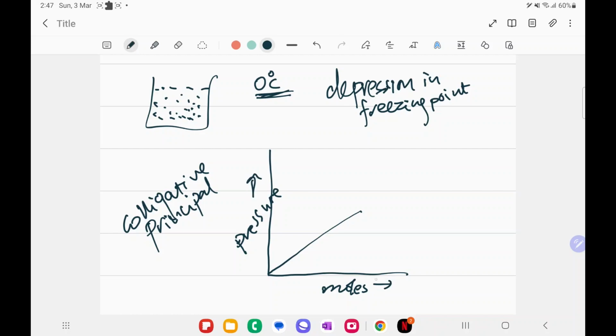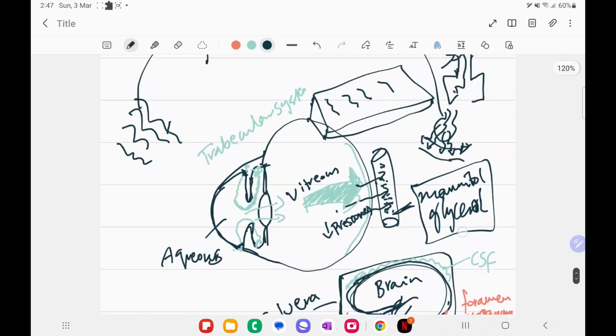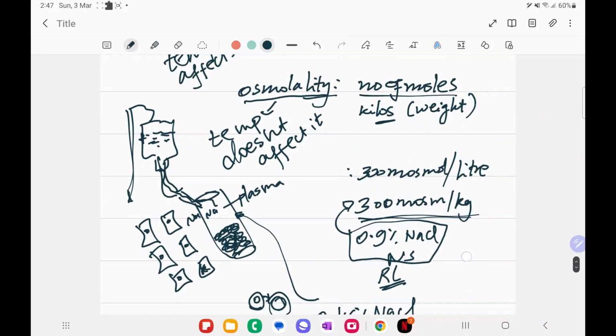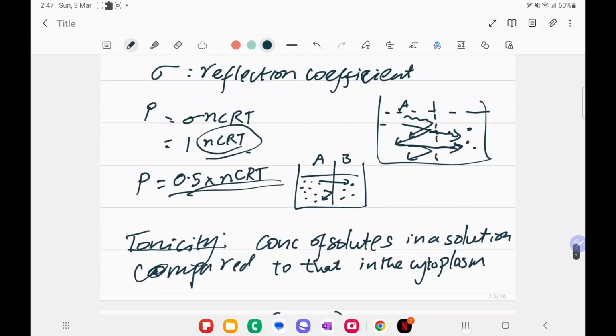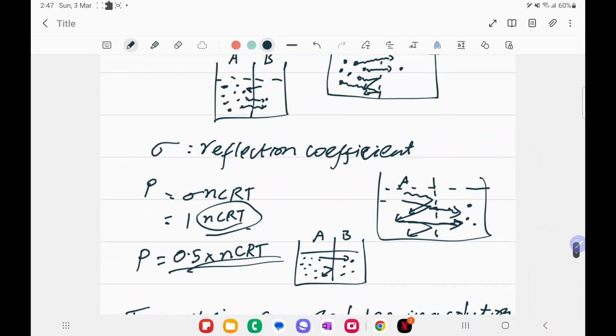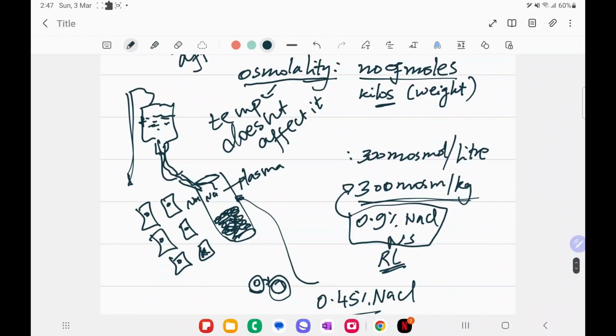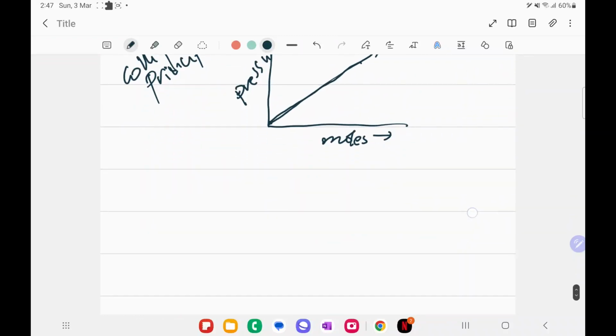As you increase the number of moles, the osmotic pressure will rise. This is true. Add one molecule, and you can calculate with Van 't Hoff's formula the amount of pressure it will exert.